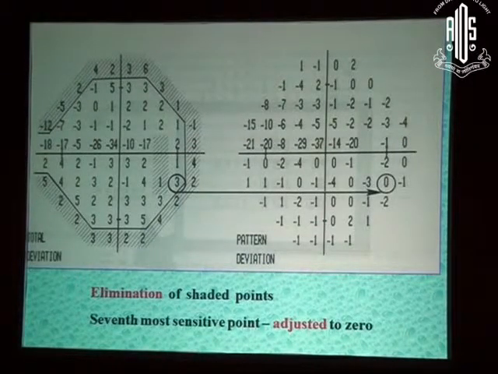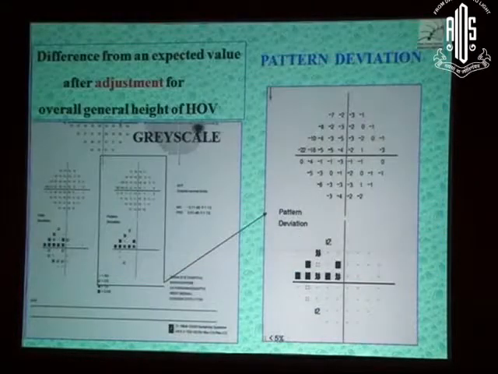How is it done? The 7th most sensitive point is adjusted to 0, and then from all points there is some subtraction of those values, and you get the generalized height adjustment. In the pattern deviation probability plot, in the same way, you get a shaded symbol showing whether the defect in that area is significant or not.